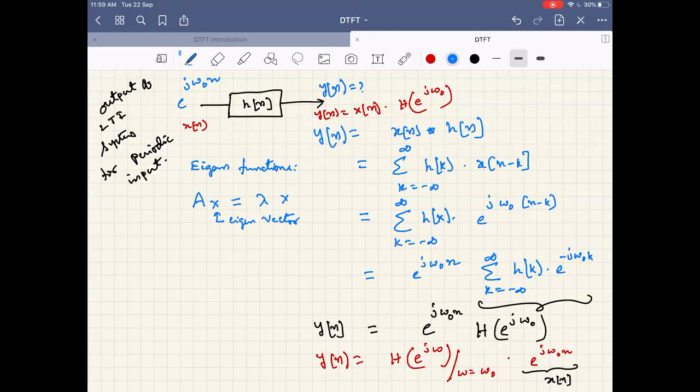In our case, I am applying a transformation to x of n, and the signal input I am giving acts as the eigenvector. The output is some lambda times x of n, where this lambda is H of e power j omega naught. Hope you see the difference.